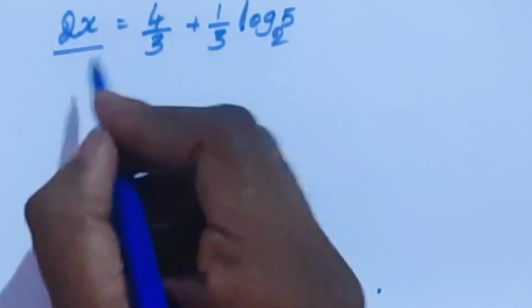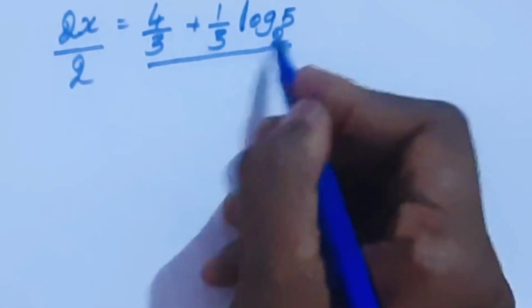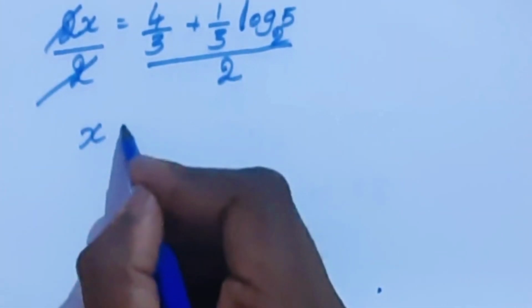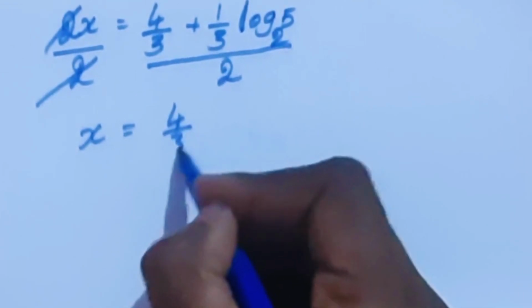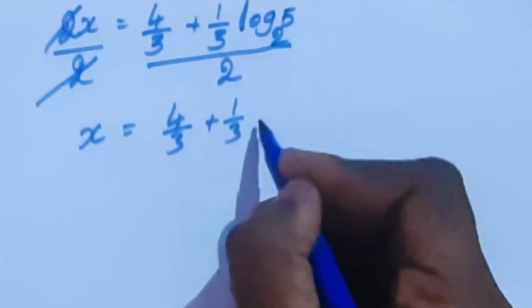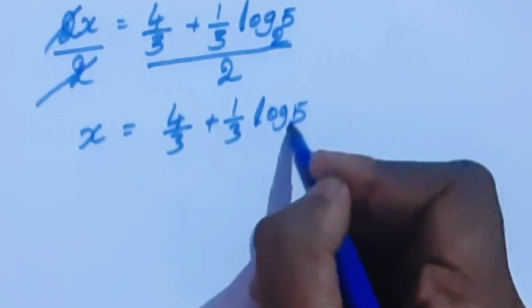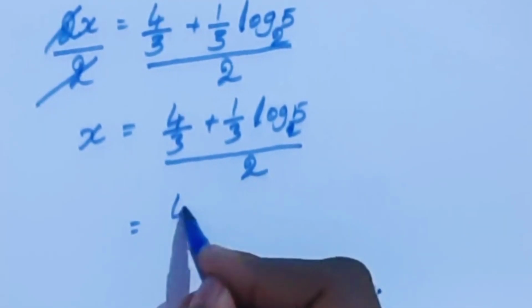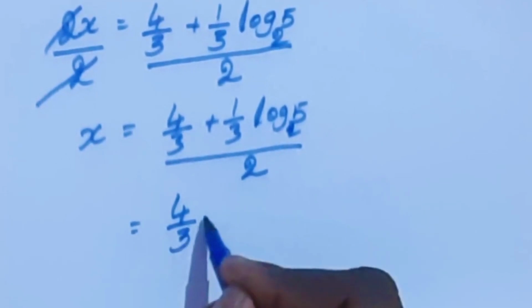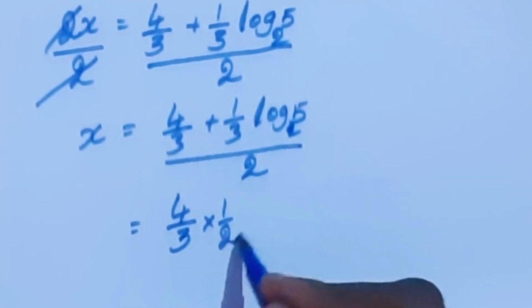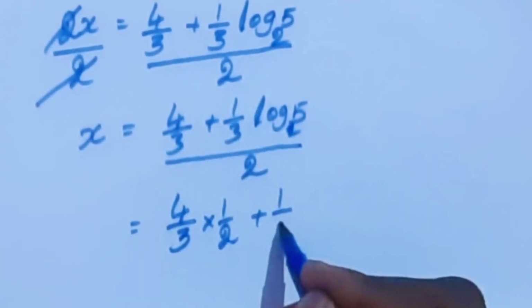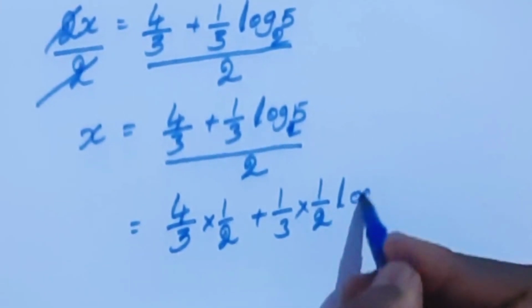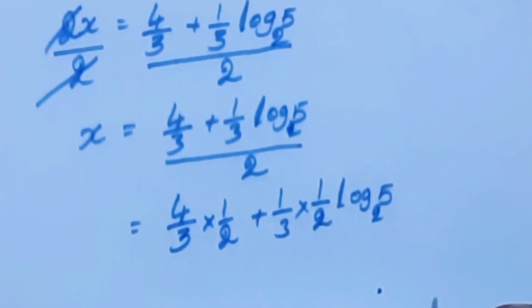Now here we are going to divide by 2 on both sides. So here 2. Now this 2 cancels this. Now we have x equal to 4 by 3 plus 1 by 3 log 5 base 2 whole divided by 2. So this can be written as 4 by 3 times 1 by 2 plus 1 by 3 times 1 by 2 log 5 base 2.